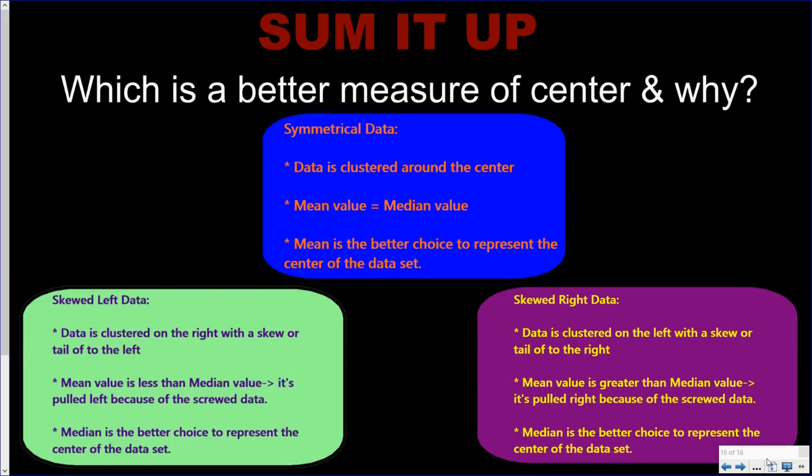The mean value is greater than the median value because it is pulled to the right, just as the skewed data is. So that means the median is a better choice to represent the center of the data. So if it's symmetrical, the mean is the best choice. If it's skewed left or skewed right, then that means the median is the better choice.